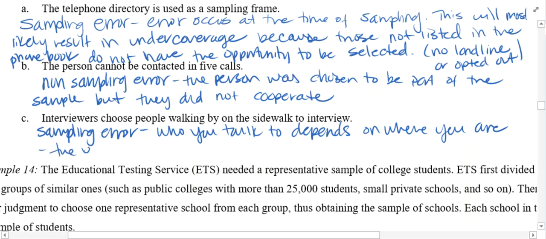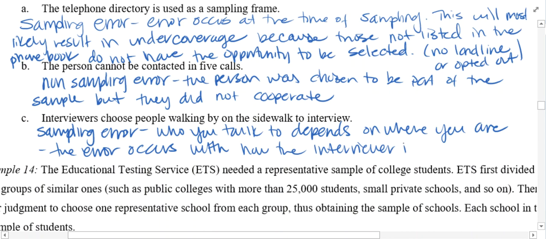Okay, also the error occurs with how the interviewer is selecting people. Okay, so that's where the problem is.